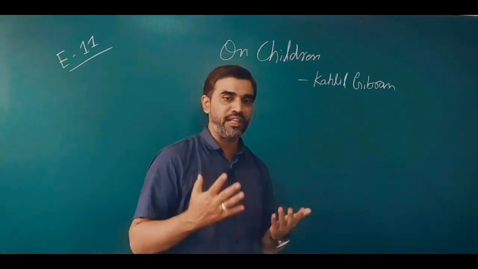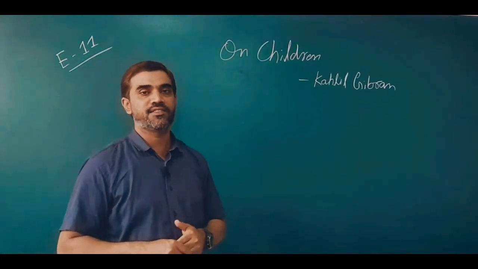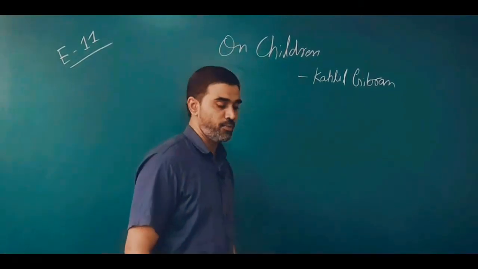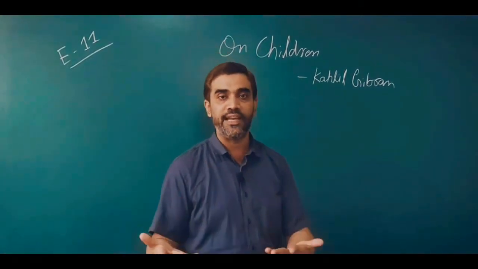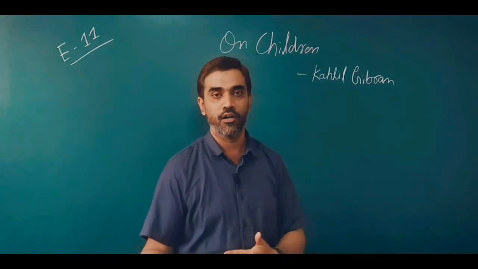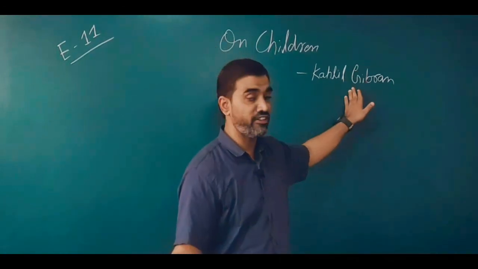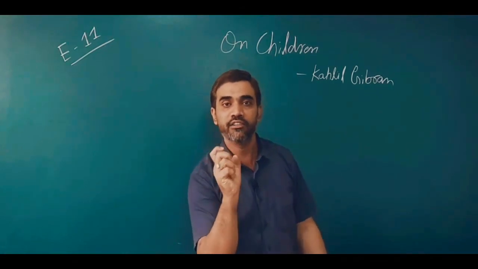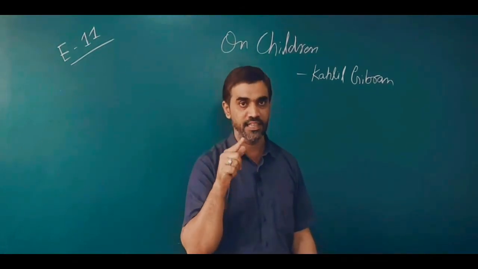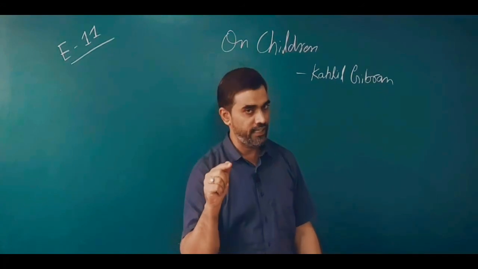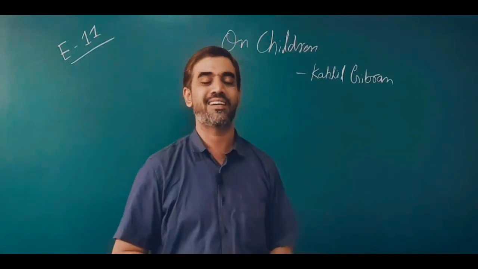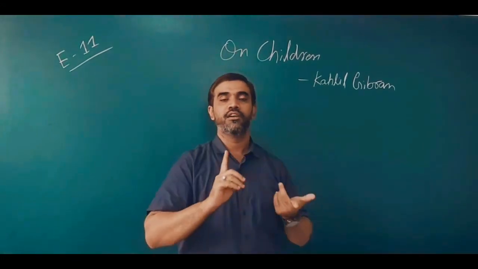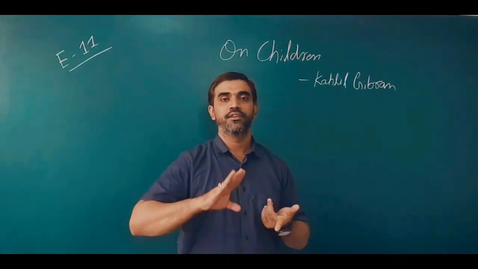Okay, so now let us start discussing the title called On Children. Before I start, I have given you certain hints about the poet when we spoke about him. This poem becomes a critique, C-R-I-T-I-Q-U-E, critique, in terms of the relationship between a father, mother, and a son or a daughter.